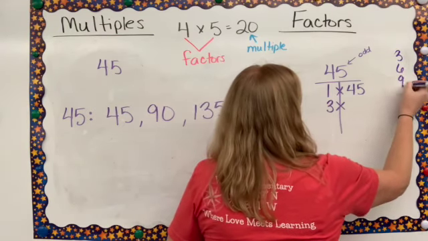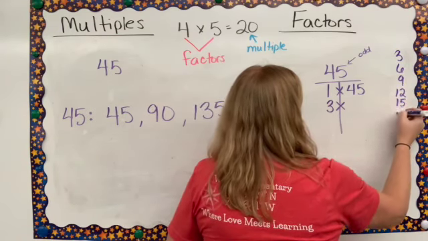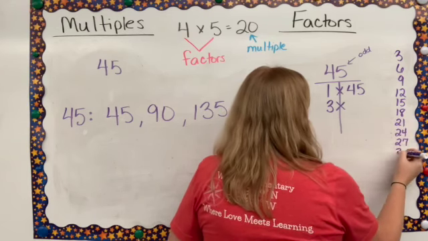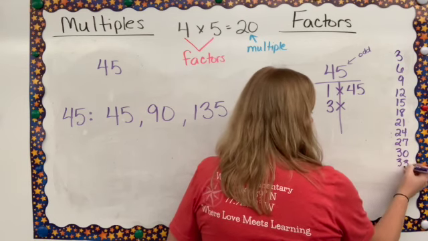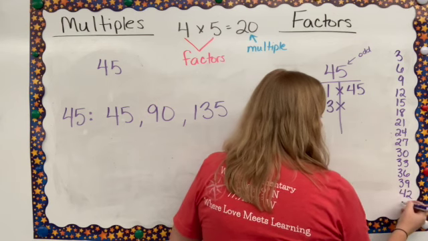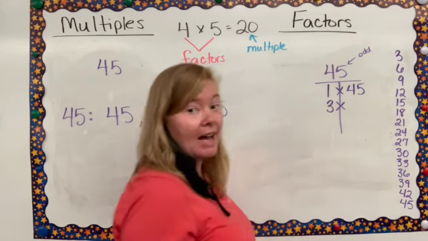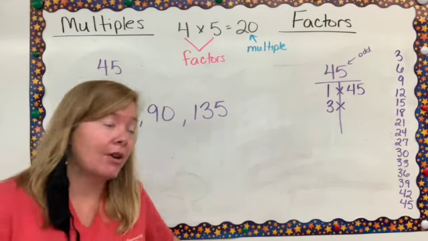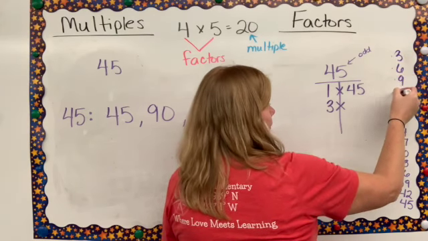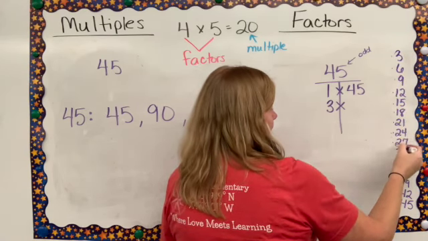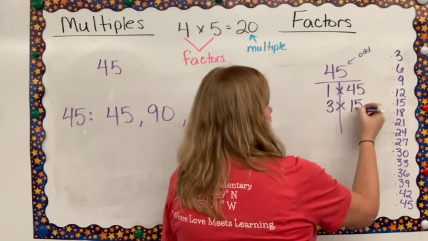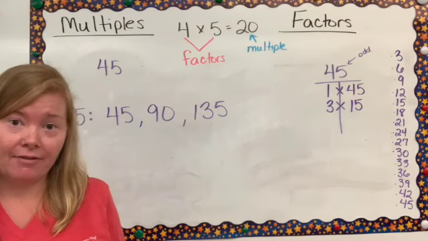3, 6, 9, 12, 15, 18, 21, 24, 27, 30, 33, 36, 39, 42, 45. I did say 45, so 3 times something. 1, 2, 3, 4, 5, 6, 7, 8, 9, 10, 11, 12, 13, 14, 15. 3 times 15 gives me 45.